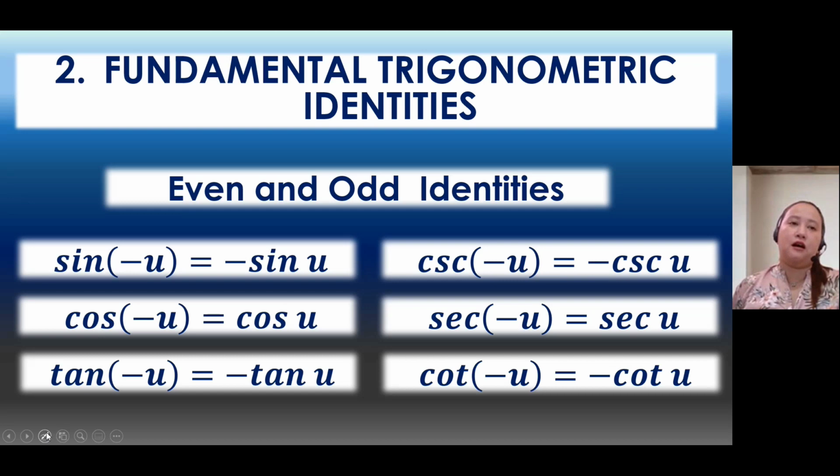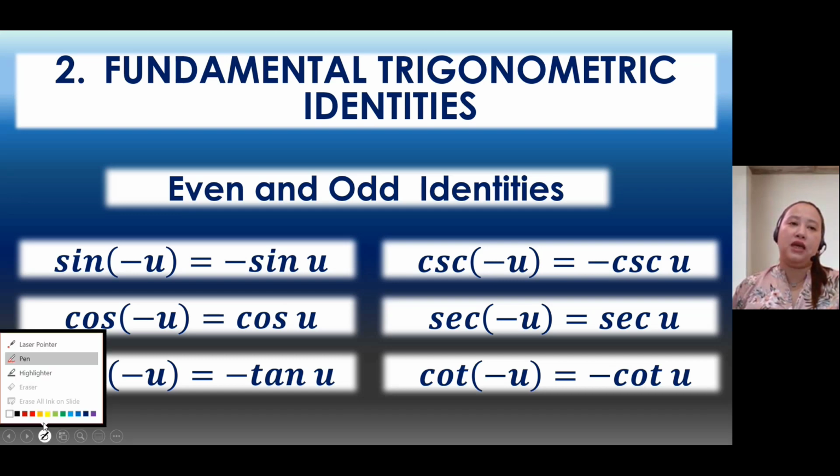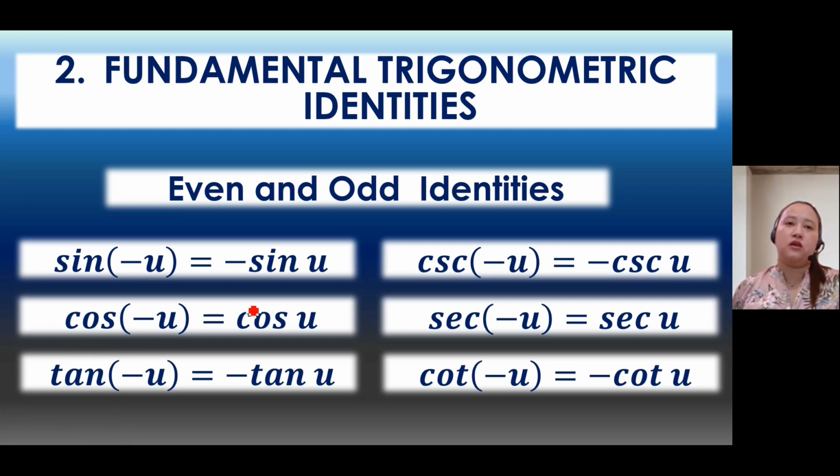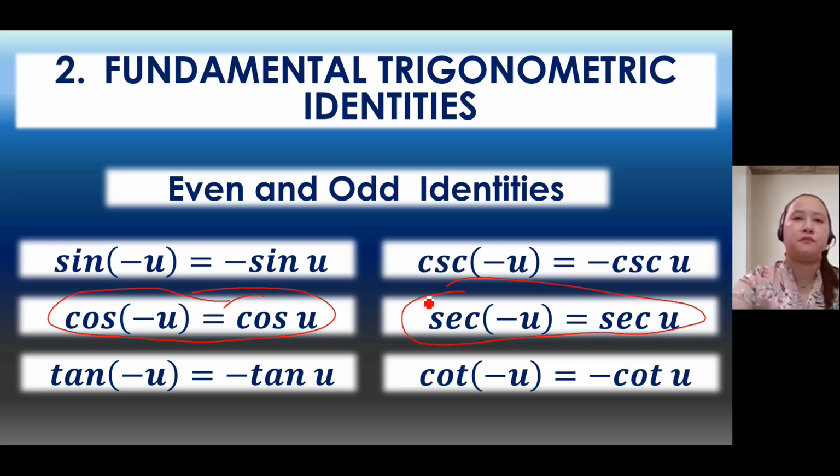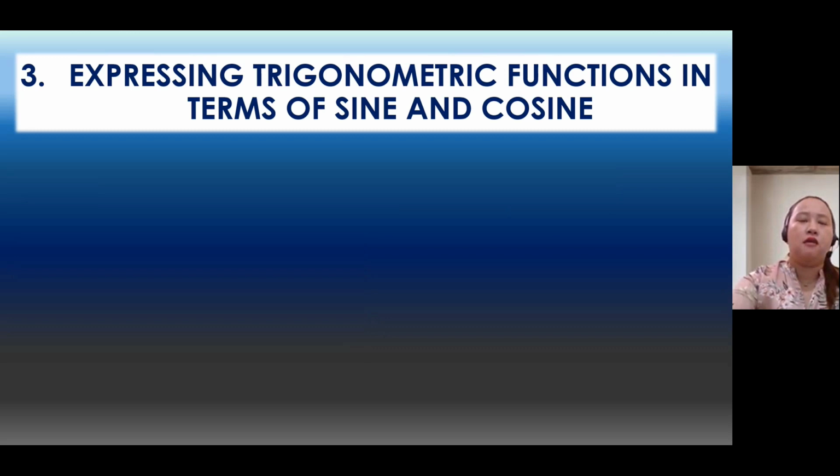And then the rest, the result or the answer would be negative of the trigonometric function. So you can see this cosine and then secant. The rest are negative trigonometric functions.